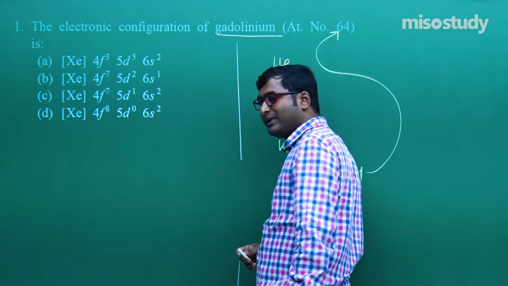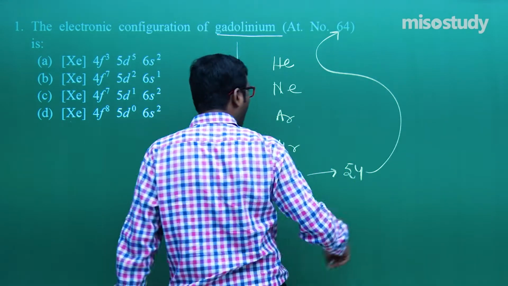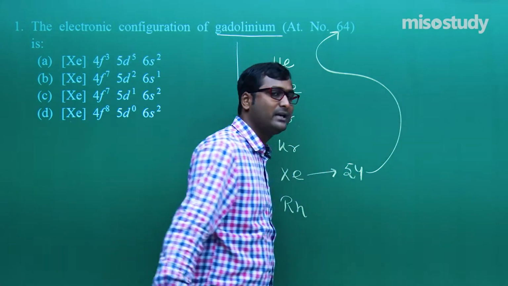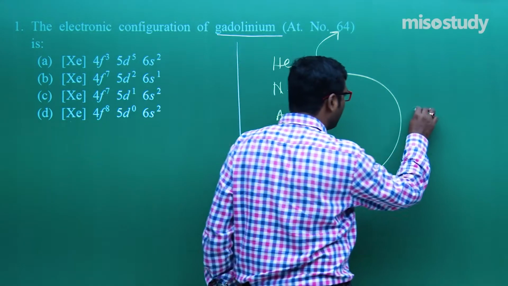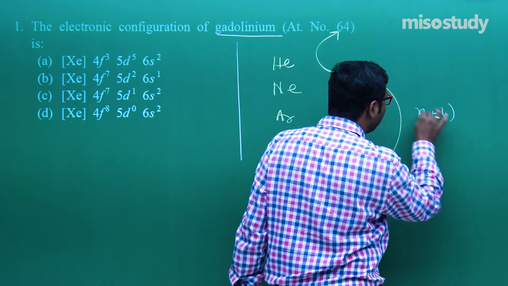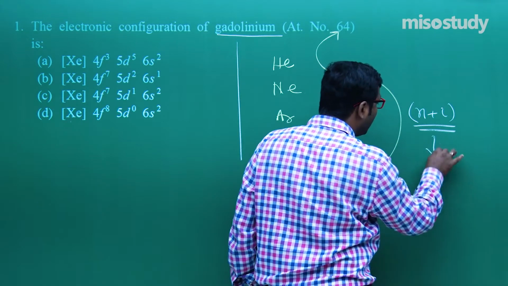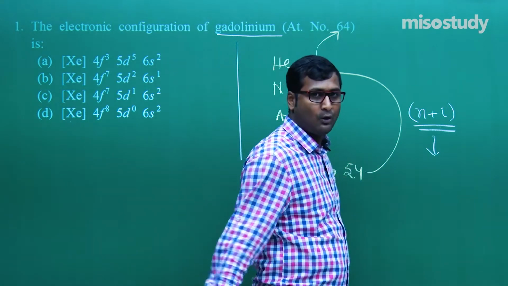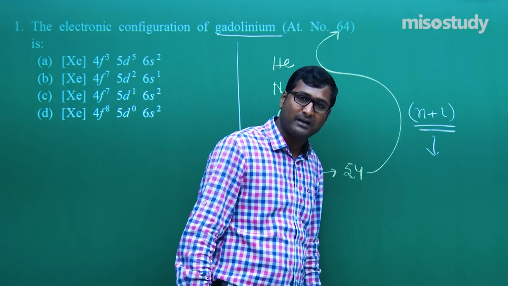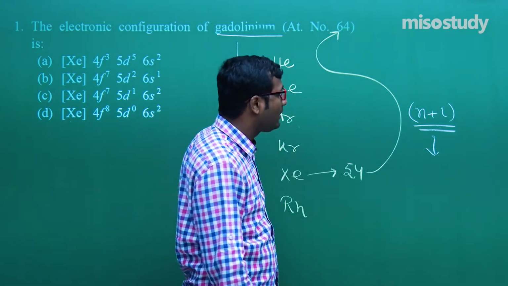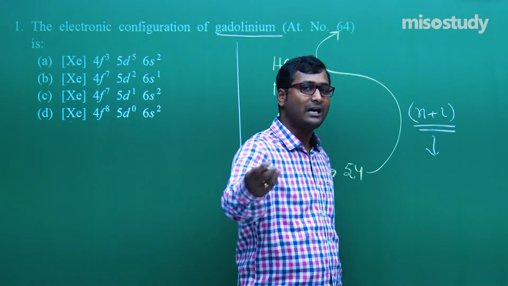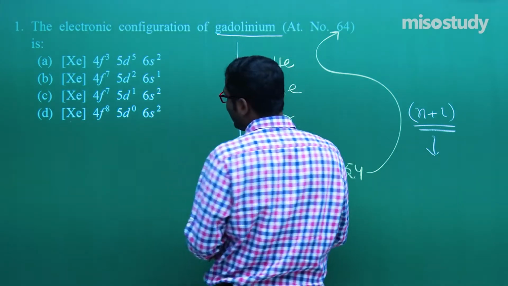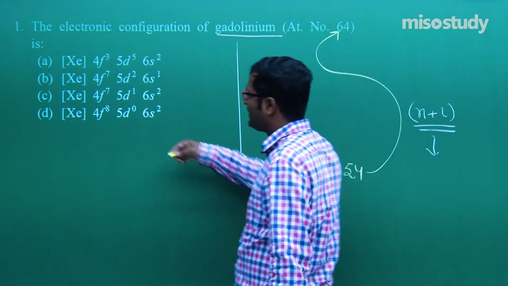Now, how to fill them? For writing the electronic configuration, we have to follow the n plus l rule. The subshell which has the lowest value of n plus l will first occupy electrons, then further. Now look at this case, xenon 4f7.